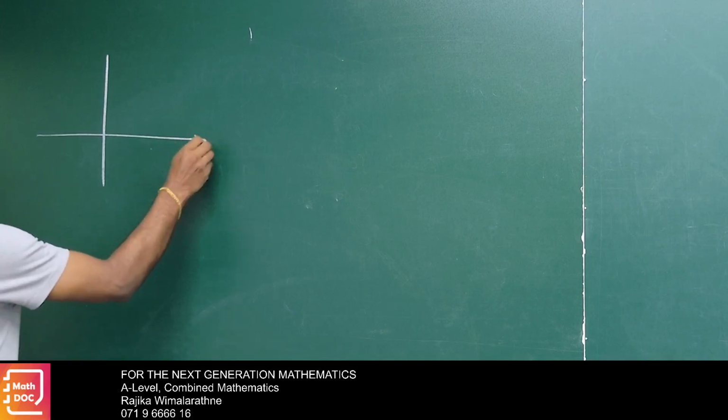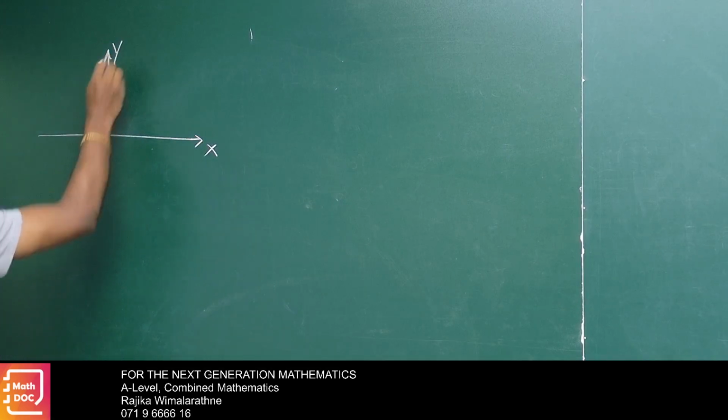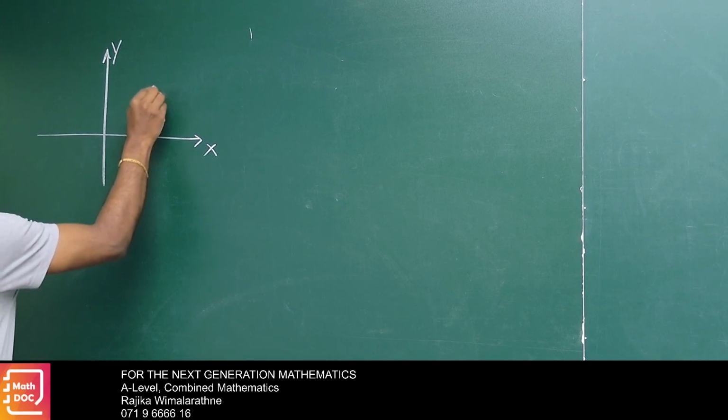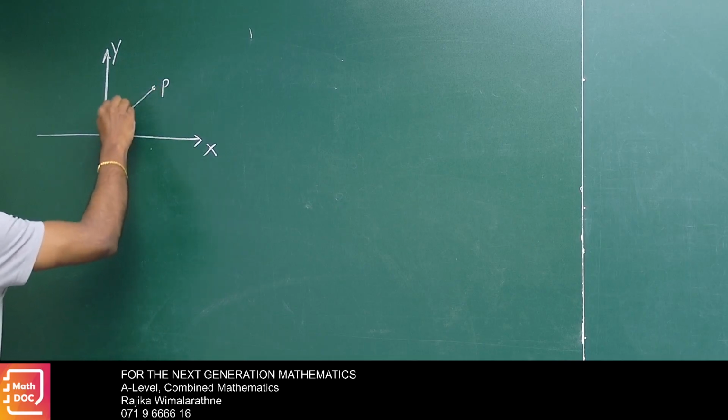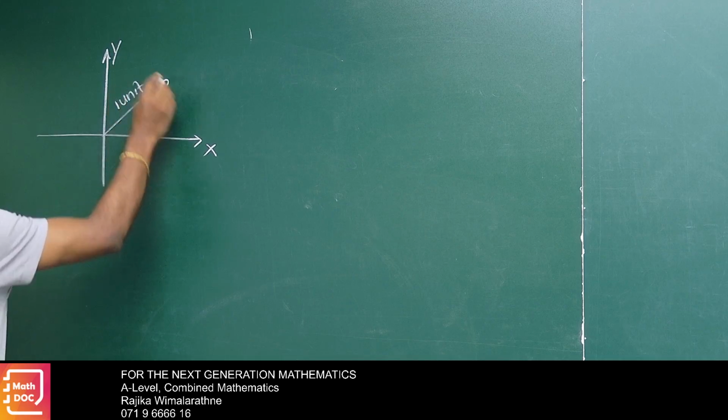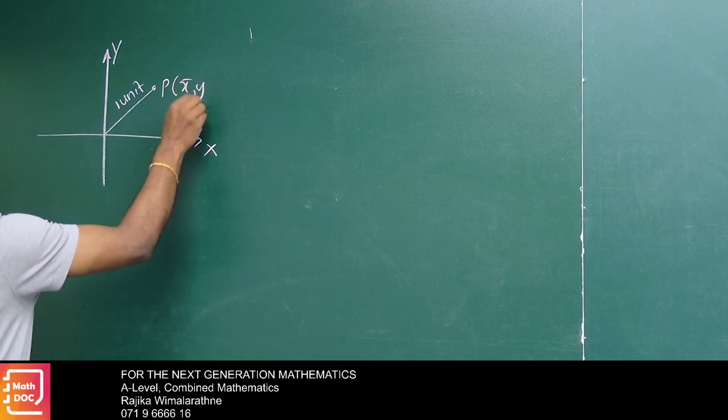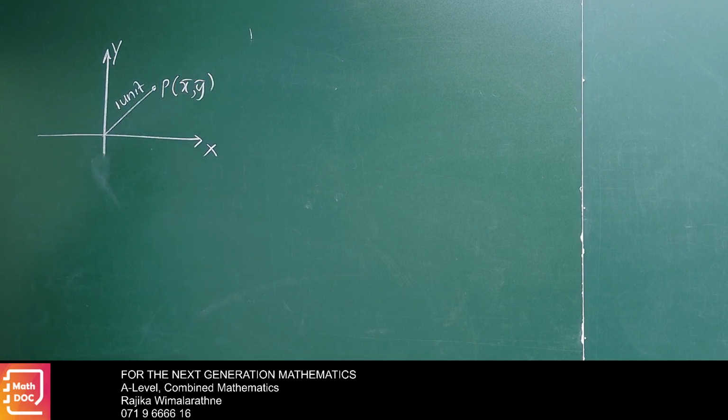Okay, see here x-axis, y-axis, see this procedure. Here you take point P, here length given 1 unit. We take x bar y bar, you take P (x bar, y bar).